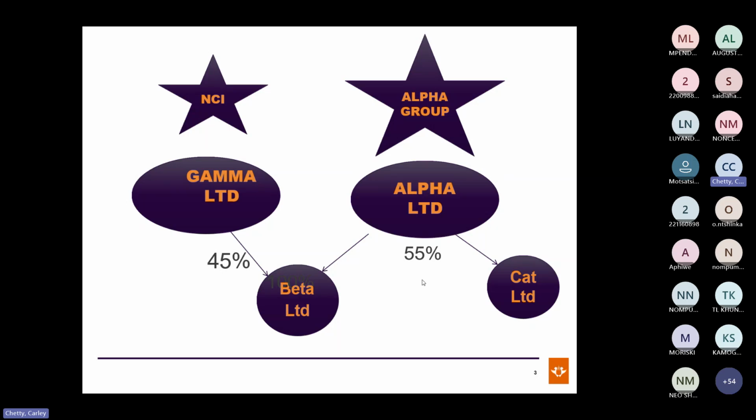So here in this scenario, Gamma Limited is actually known as the non-controlling interest. It means that they own a minority shareholding in Beta Limited, whereas Alpha Limited owns a controlling number of shares. Gamma Limited only owns 45% of the shares.